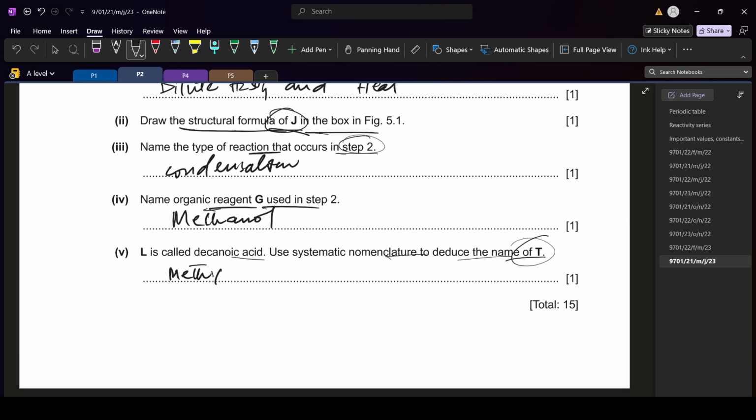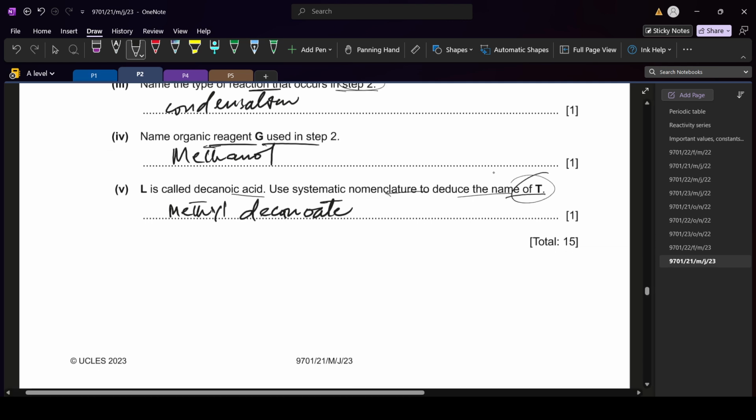In the naming, we name the alcohol group first. So methyl, because there is methanol, so methyl decanoate. So that's the systematic name of this T.